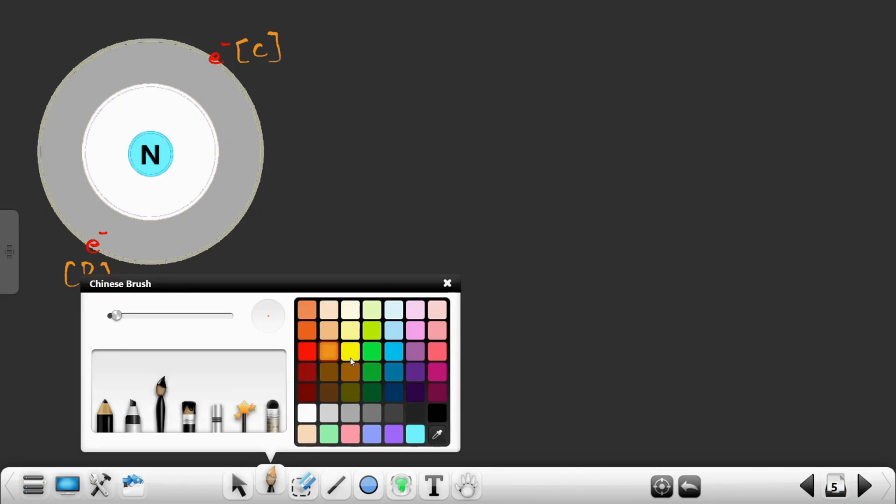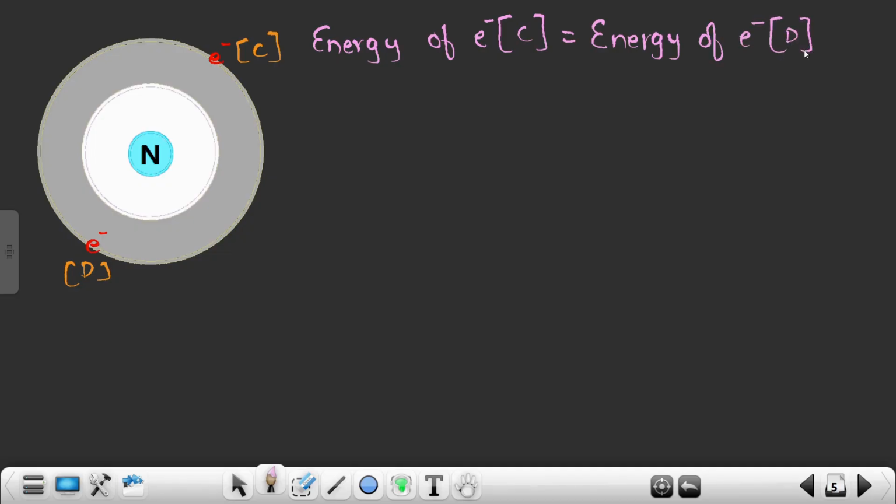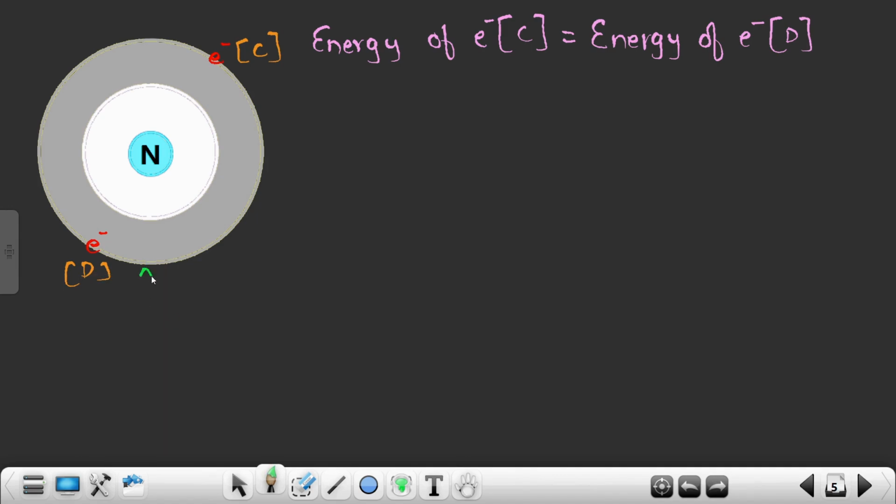So what it states is that the energy of electron C is equivalent to the energy of electron D. And let's assume that the energy of this particular shell or orbit is 2 electron volt.